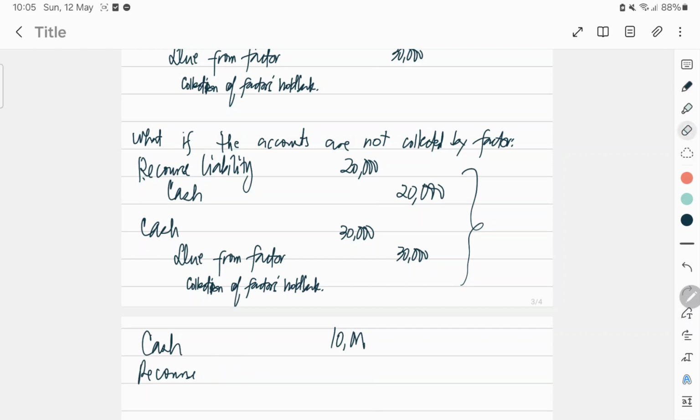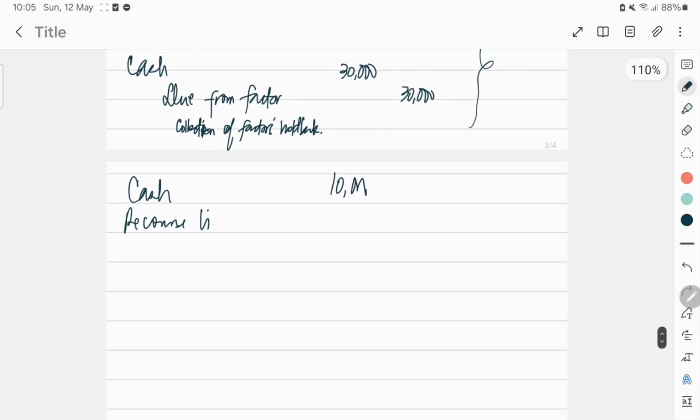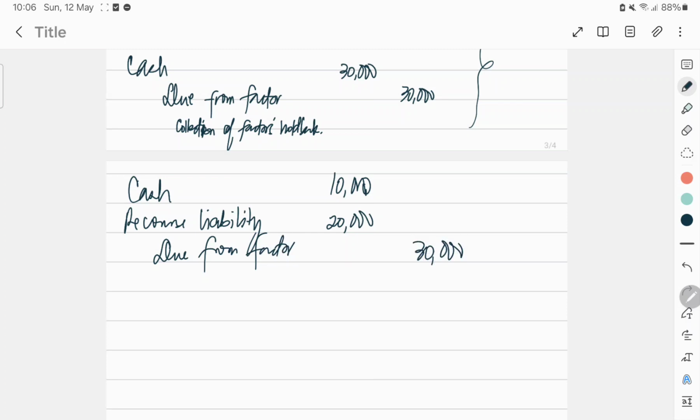Paano na-compute yung 10,000 na cash? That is 30 minus 20. Recourse liability. That is, magkano ulit yun? 20,000. And credit due from factor. 30,000. Ayun.